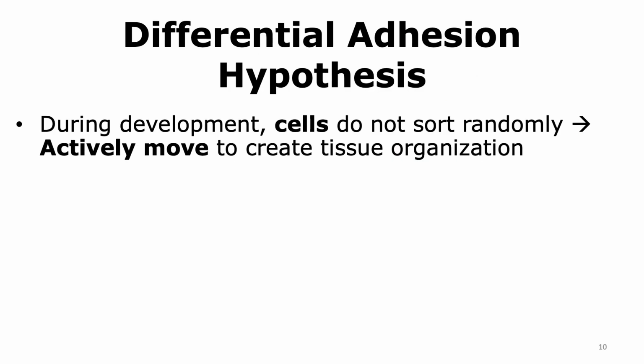We're now going to look at a hypothesis called the differential adhesion hypothesis. And what this hypothesis basically was built on is the fact that during development, cells do not sort randomly, but actively move to create tissue organization.